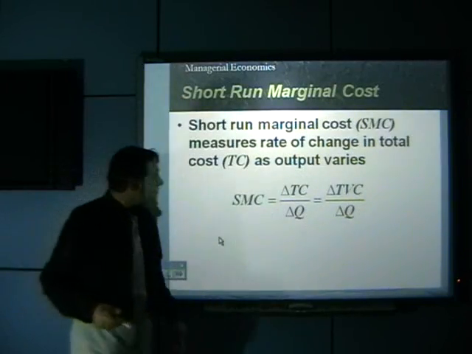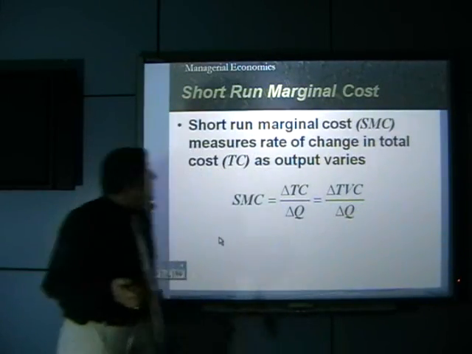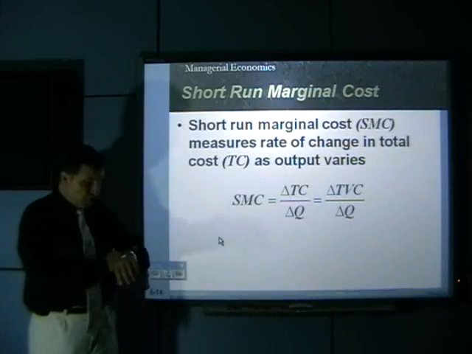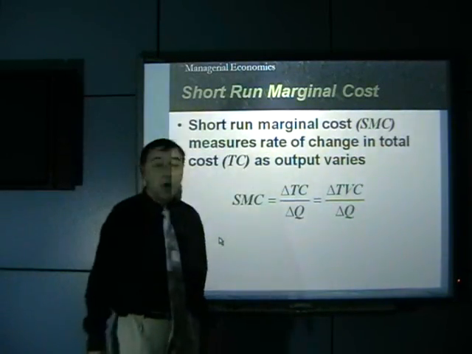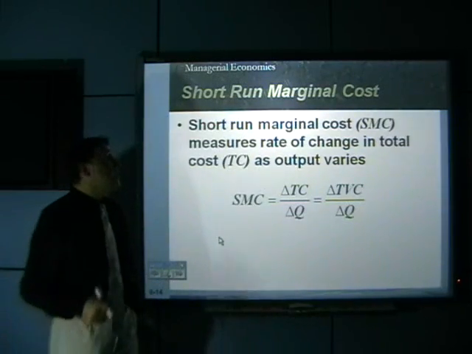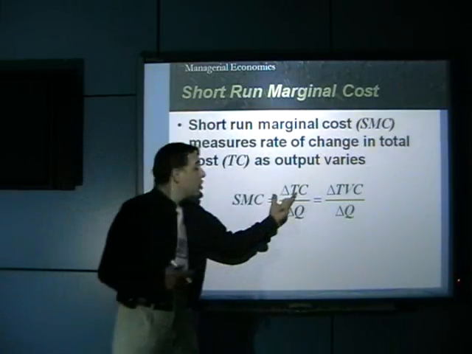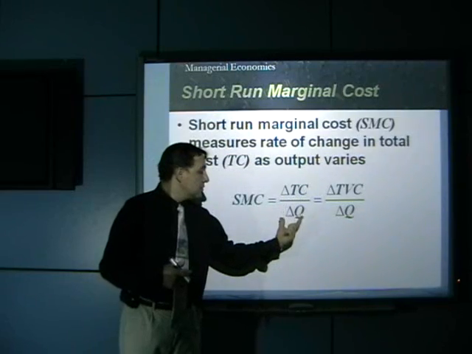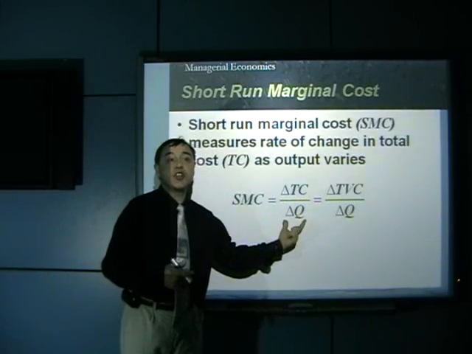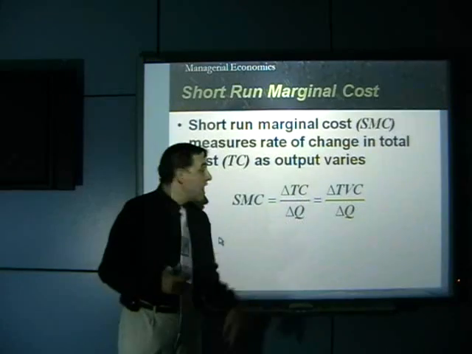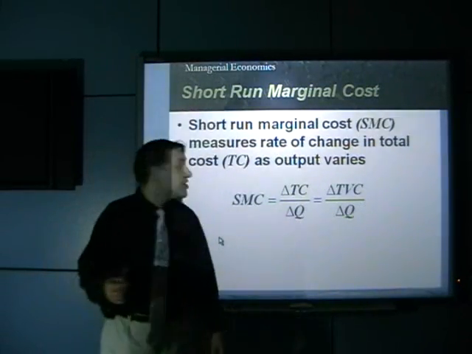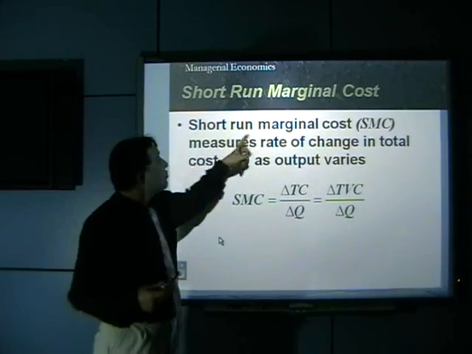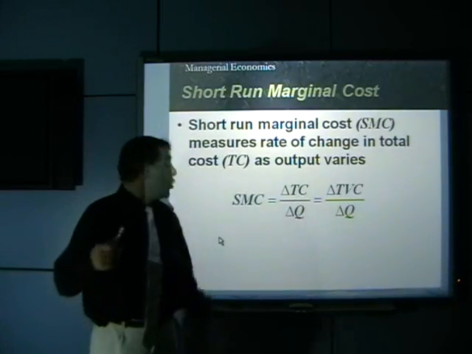Oh, okay. So, now we are looking at short-run marginal cost. Short-run marginal cost is the change in total cost divided by the change in quantity. In our case, remember how much was the short-run marginal cost for one?